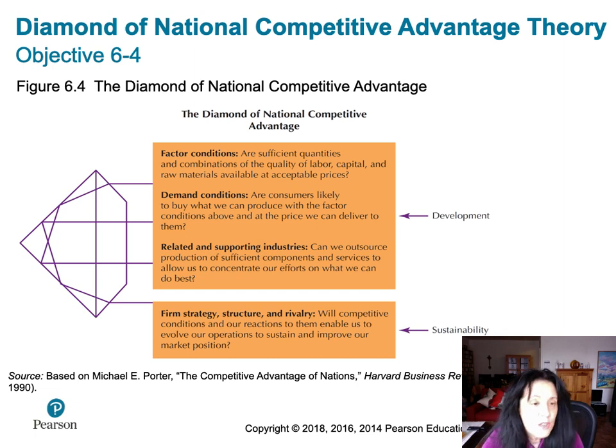And then we have the related and supporting industries, which pertain to the question of, can we outsource production of sufficient components and services to allow us to concentrate our efforts on what we can do the best? Okay. And then finally, firm strategy, structure, and rivalry is all about the competitive conditions and the strategies that the firms are using to beat the rival companies in the rival nations, right?